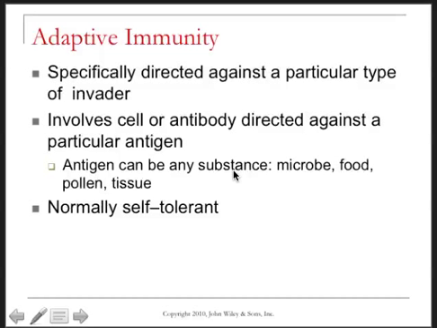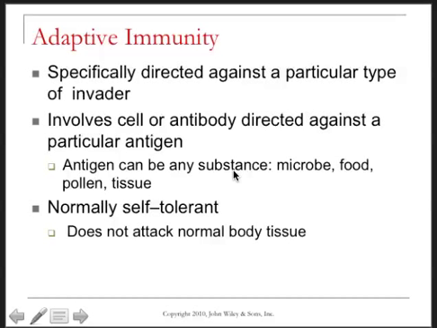Normally, these lymphocytes are tolerant of our own tissue, meaning that they will not attack and destroy normal body tissue. So when the immune system is working as it should, when foreign substances enter the body, they're identified as not belonging to the body proper, and we recruit T and B cells that are designed to specifically interact and bind very tightly to antigens present on the invader.